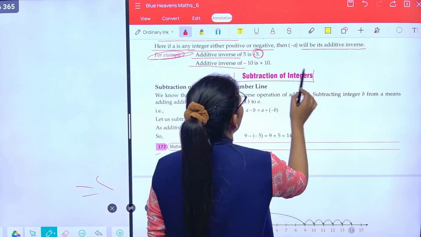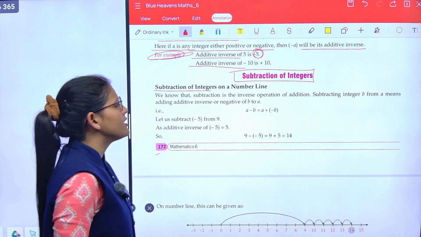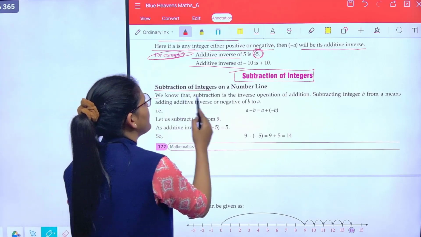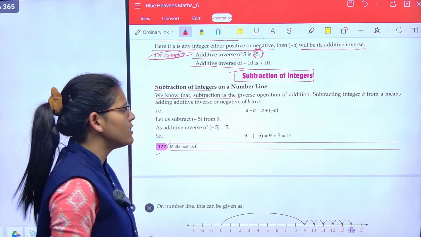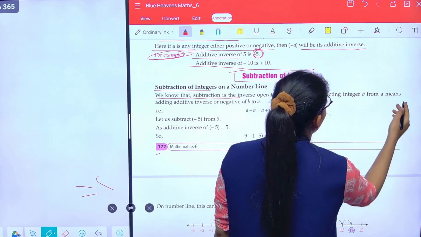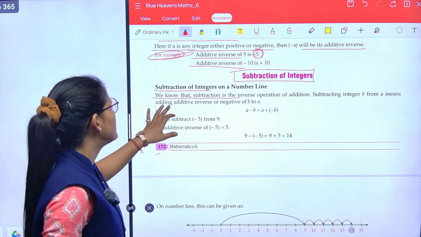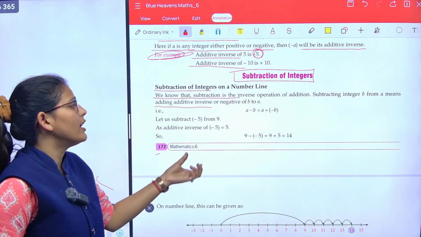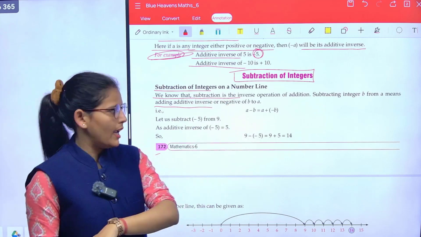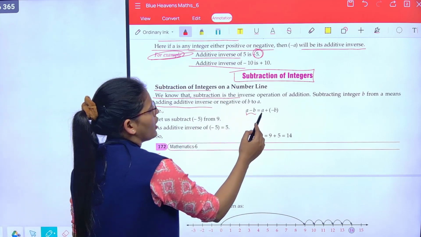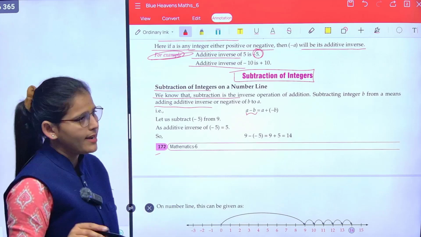Now subtraction of integers. Subtraction of integers on a number line. We know that subtraction is the inverse operation of addition. Subtracting integer b from a means adding the additive inverse or negative of b to a. A minus b is equal to a plus minus b.